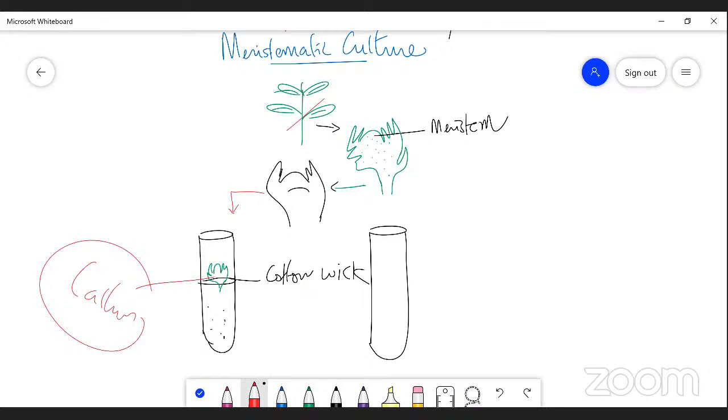This callus tissue is differentiated into, on one side you find the shoot system, and on another side we can find the initiation of the root system, my dear student. So as a result, we can get the plant, the small plantlets are originated.